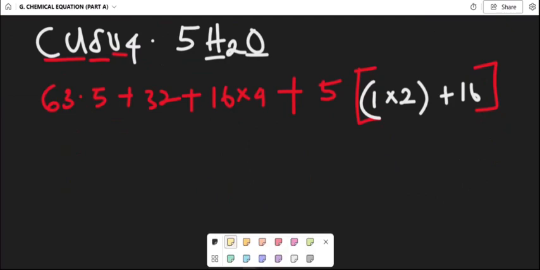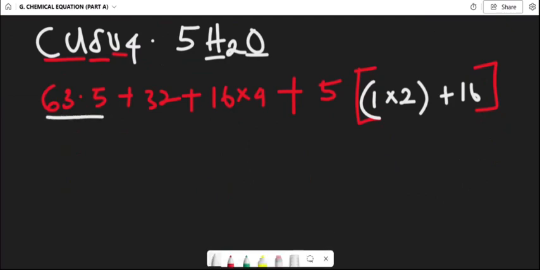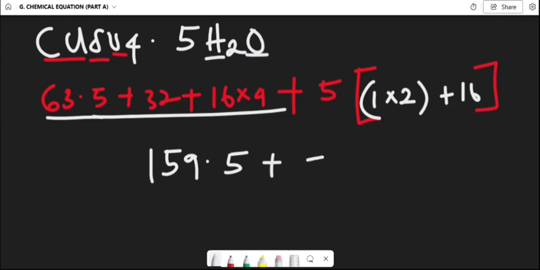Okay, when we move on, adding this up together, that's 63.5 plus 32 plus 16 times 4. That will give you 159.5, plus we have a 5. Then here 1 times 2 is 2, 2 plus 16, and that's 18.